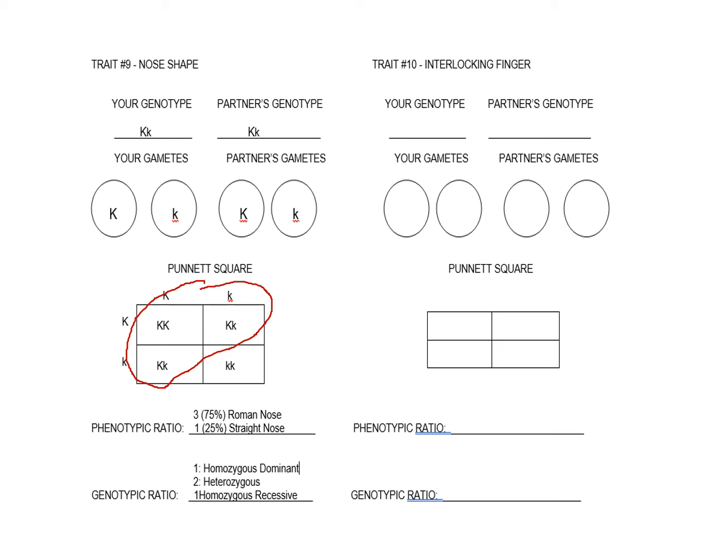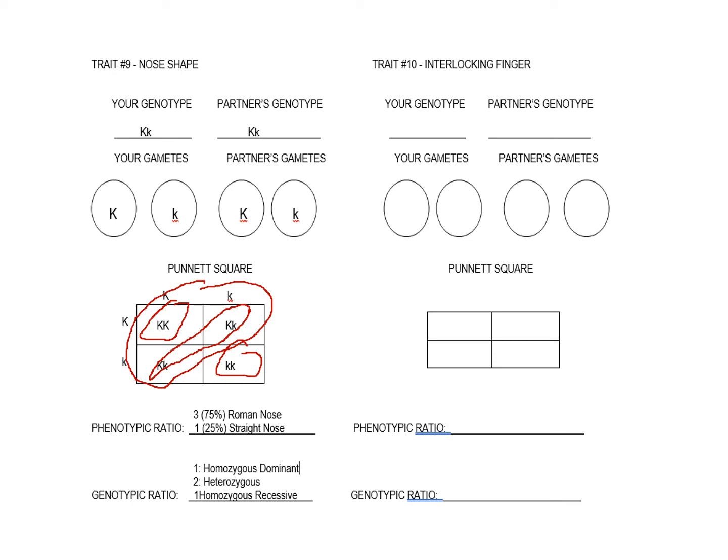Then in the phenotypic ratio, what you would see is that we have 1 that is 2 big Ks, which means it's homozygous dominant. You could also say that that's 25% homozygous dominant. And then you notice we have 2 that are heterozygous, and we have 1 that is homozygous recessive.